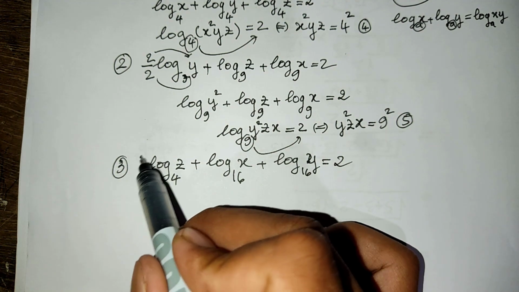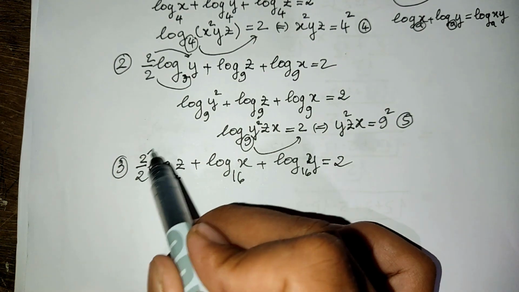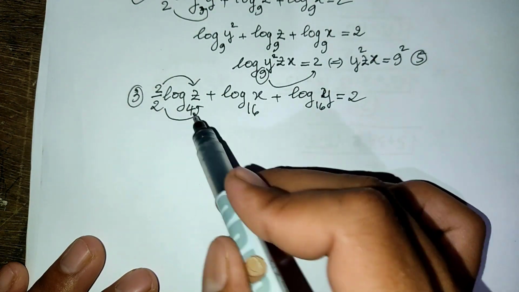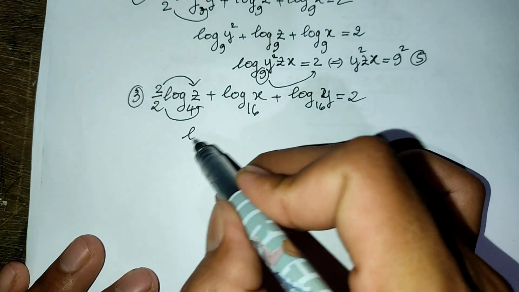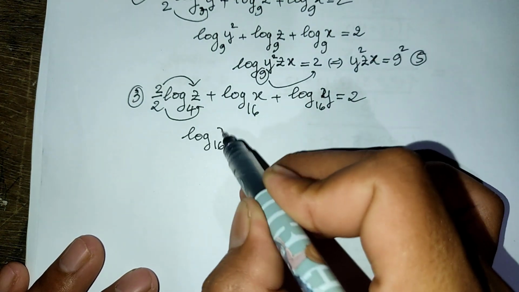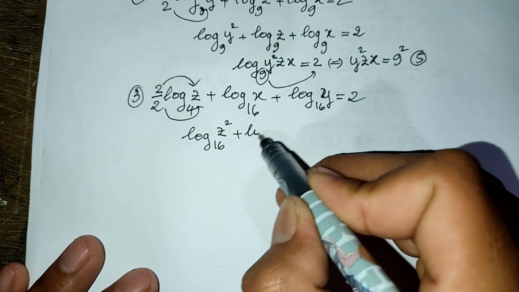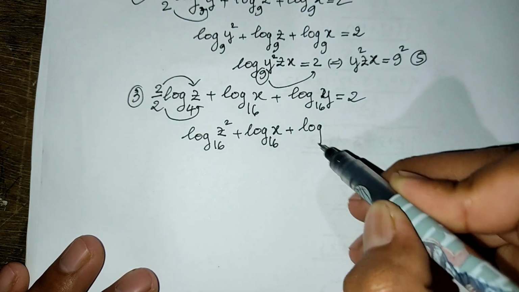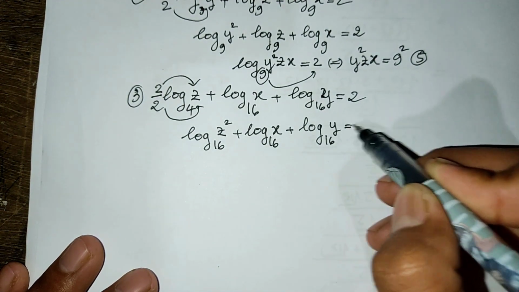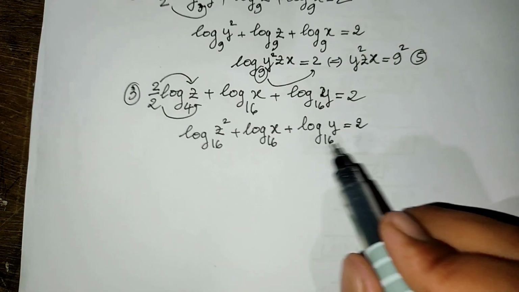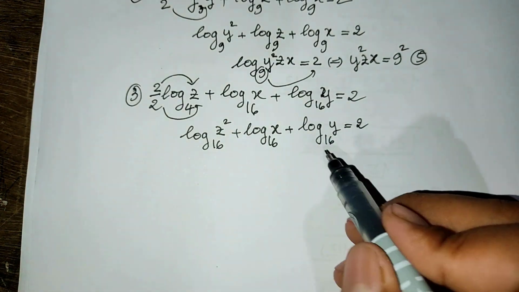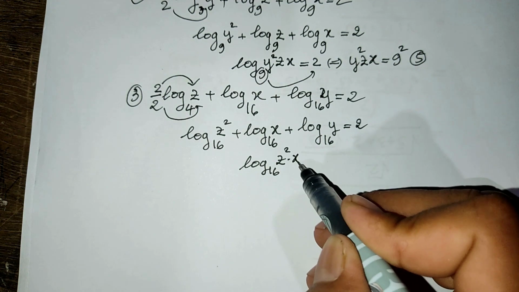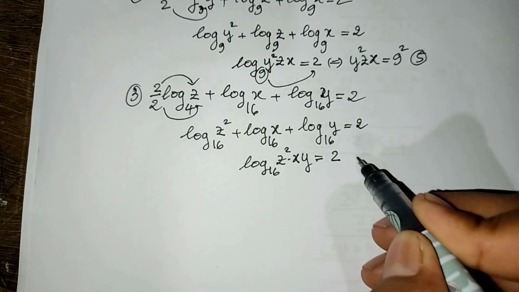We use the same trick, multiplying by 2 divided by 2, and changing the base. Since 4 squared equals 16, we get log base 16 of z squared plus log base 16 of x plus log base 16 of y equals 2. With the same base 16, we get log base 16 of z squared times x times y equals 2.